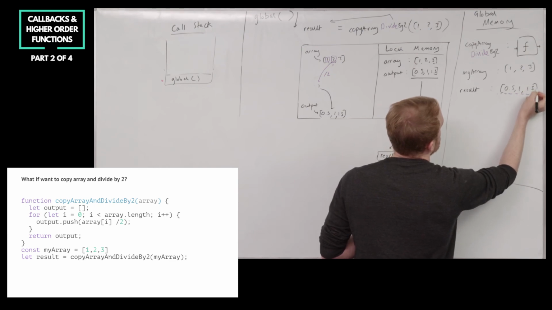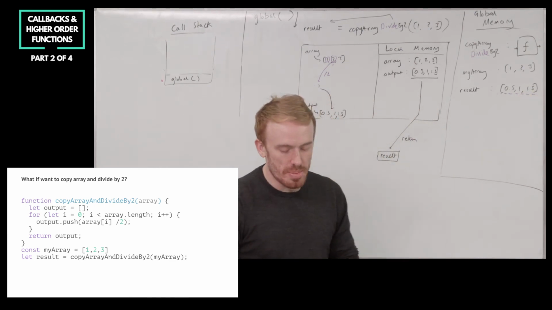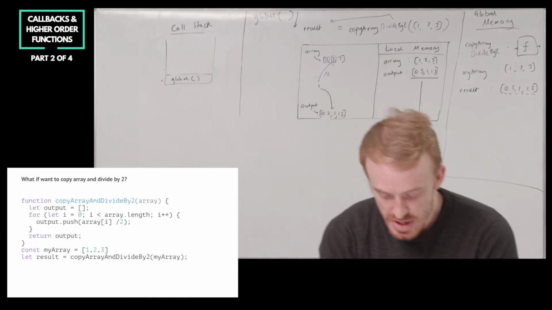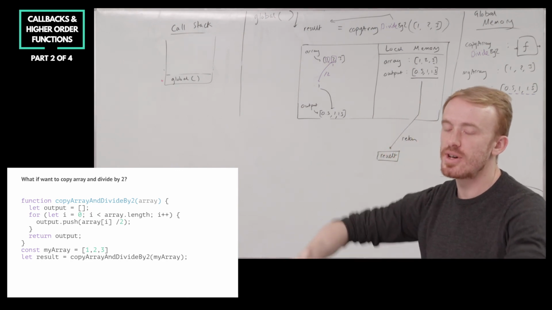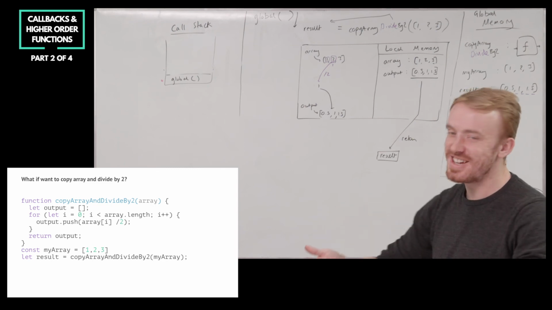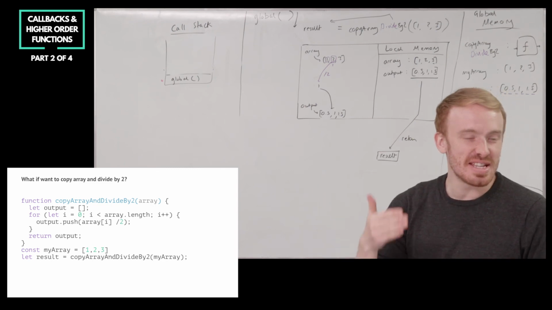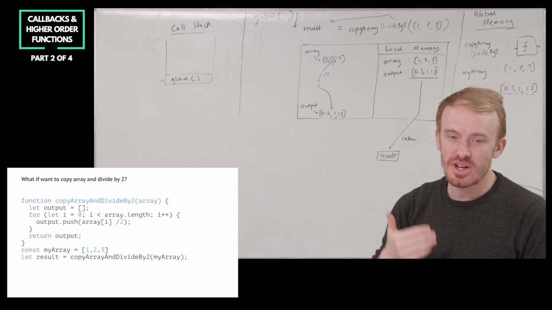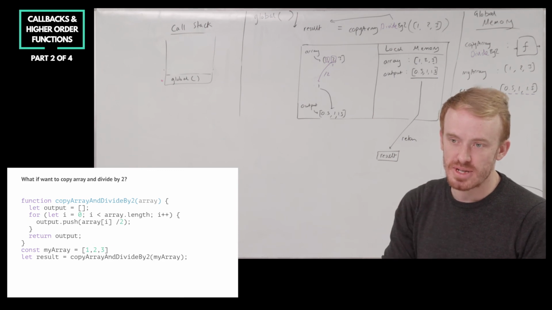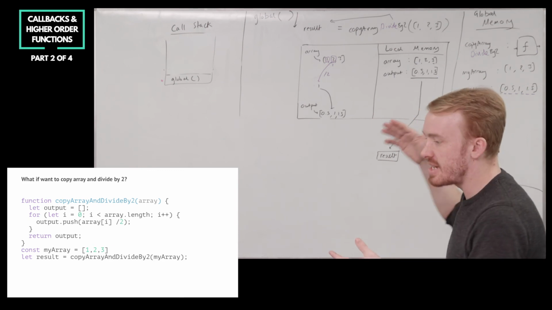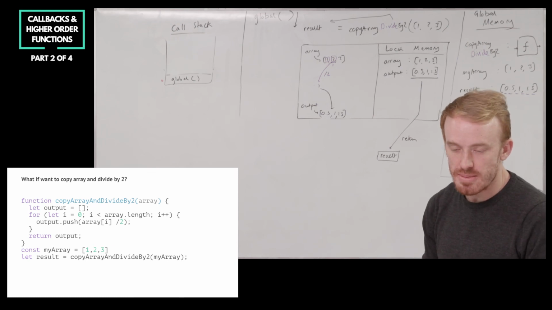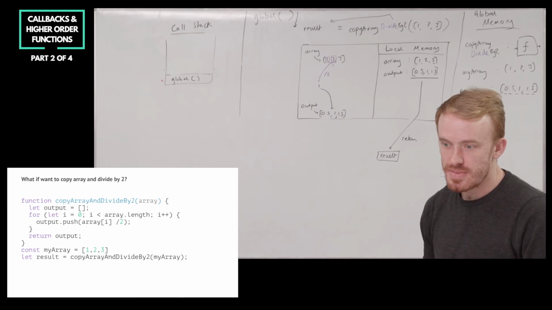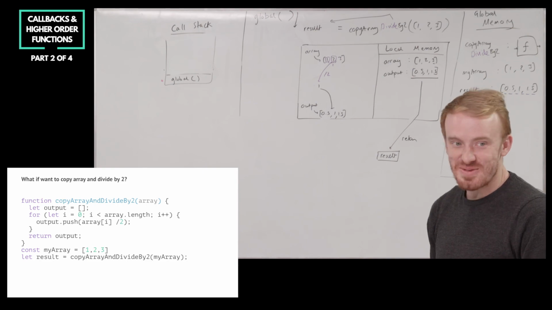We have successfully run copy array and divide by 2, which took in 1, 2, 3, and returned out 0.5, 1, and 1.5. This function has served its purpose. It has taken in an array and turned out a brand new array with each of those input elements in the input array halved. Okay, we like this function.